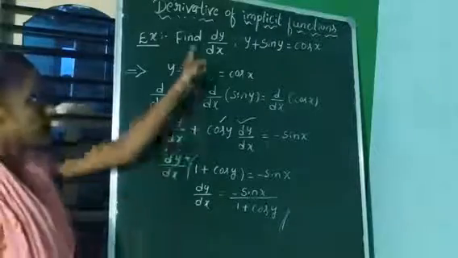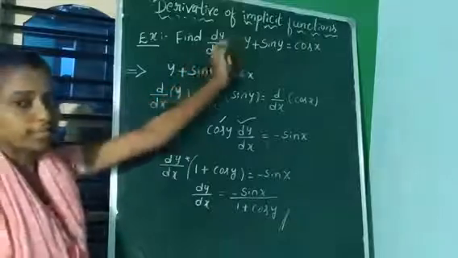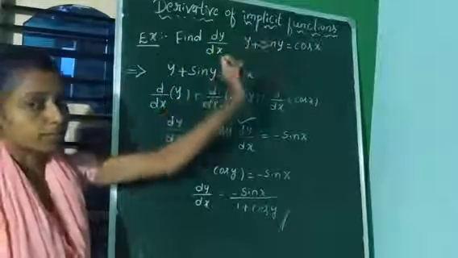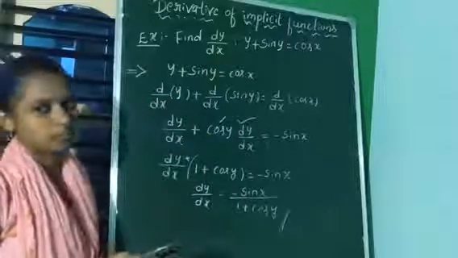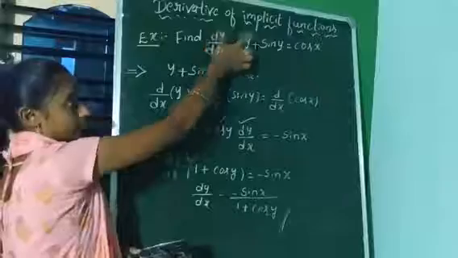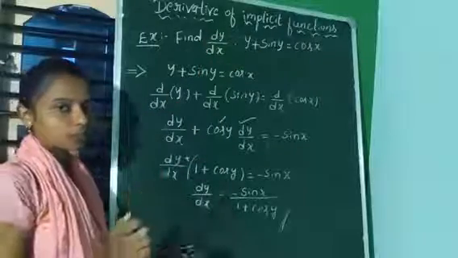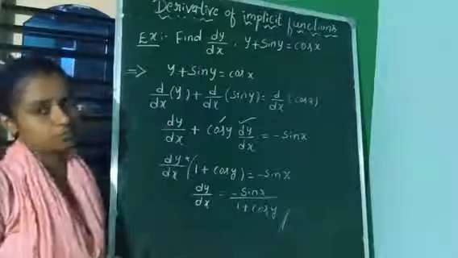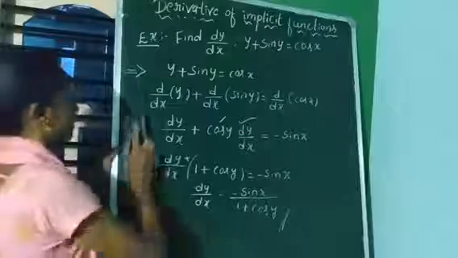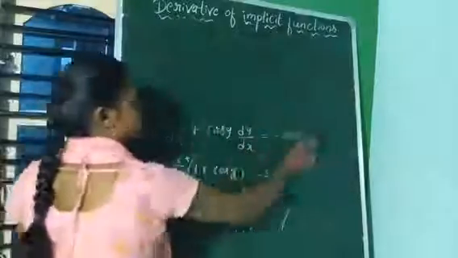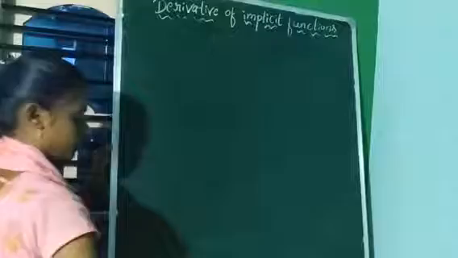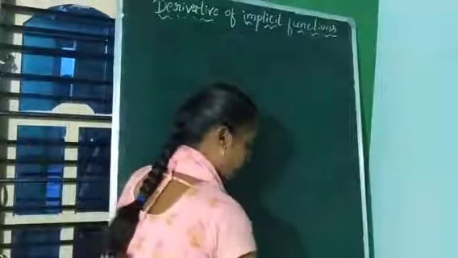After this implicit function there is the inverse function, but I will not start that because you will mess up the things. Based on this implicit function, I will solve the first few exercise problems. Is it clear? So exercise 5.3. For a 2-mark question they will ask from this.